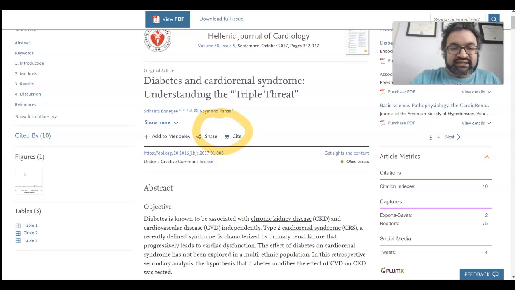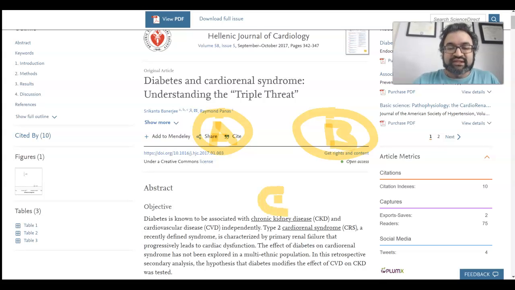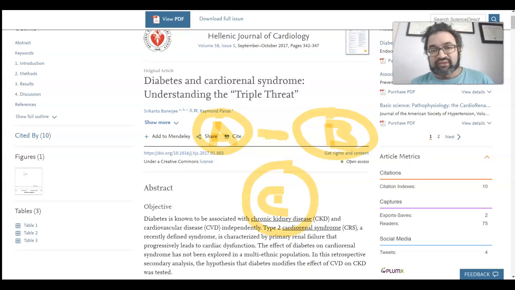So the idea is you have a threat A and a threat B, and then a third threat C. And so there's interaction between two threats, but also the triple threat when another threat interacts with the first.